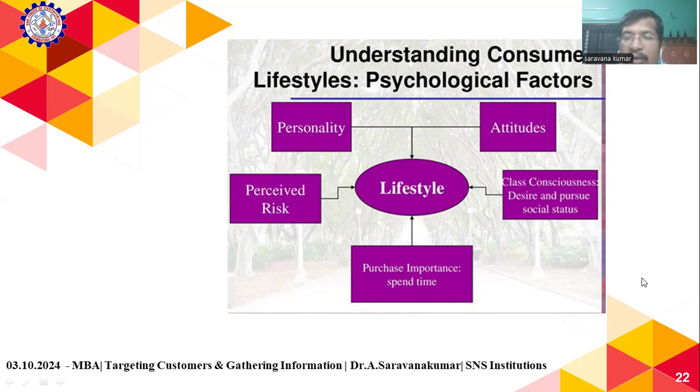For example, if you purchase an LG refrigerator and the quality is good, and they also manufacture TVs, I'm ready to purchase from LG. So the attitude is, in this brand the product is good, so definitely this product will also be effective and useful, right? So class consciousness and desire and pursuing. These are the things covered under psychological factors.